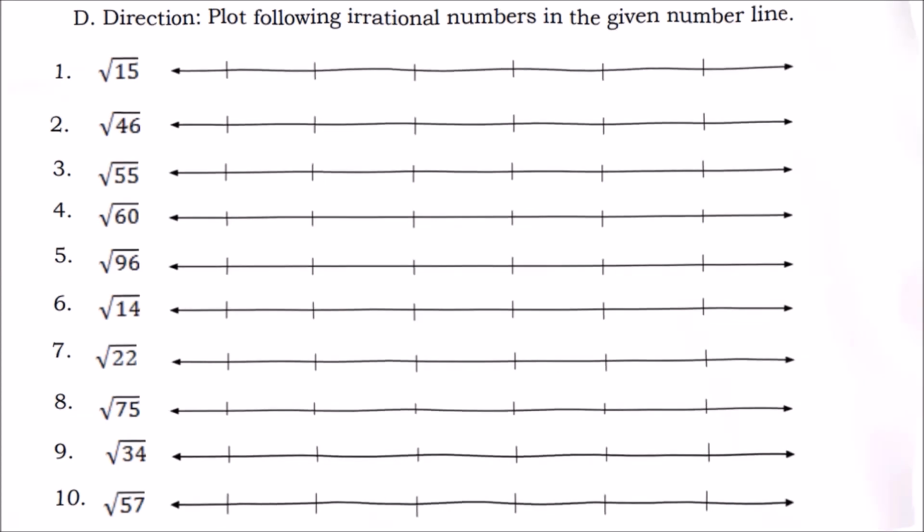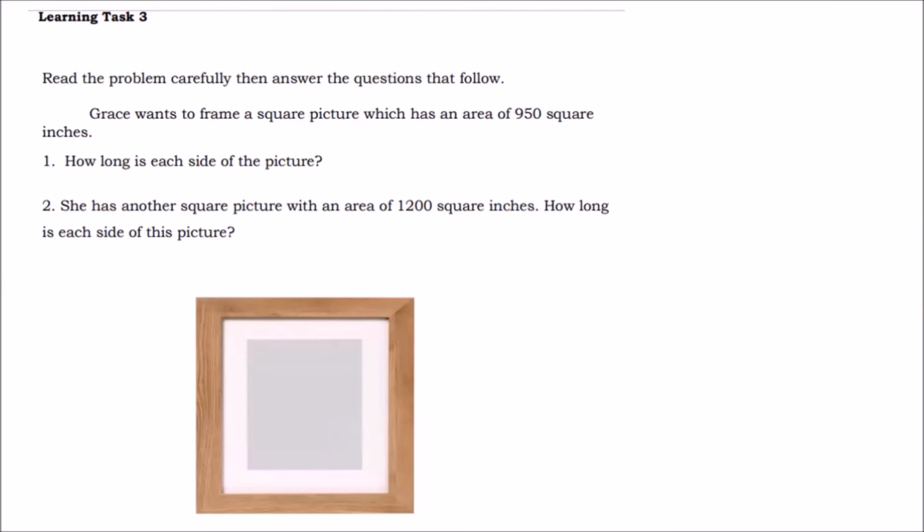Now, in learning task number 3, which is problem solving, read the problem carefully, then answer the questions that follow. Grace wants to frame a square picture which has an area of 950 square inches. Number 1, how long is each side of the picture? And number 2, she has another square picture with an area of 1,200 square inches.